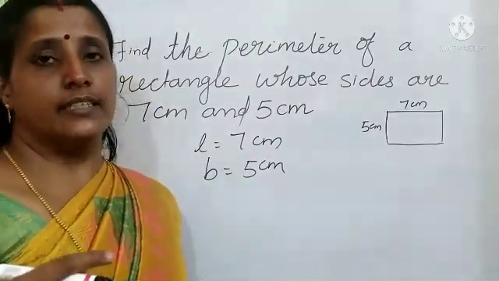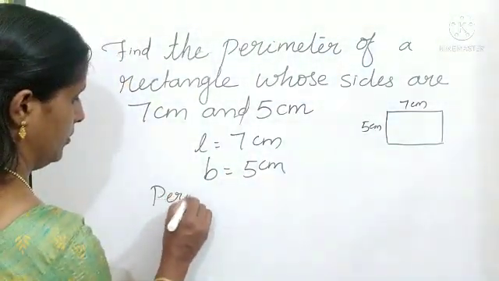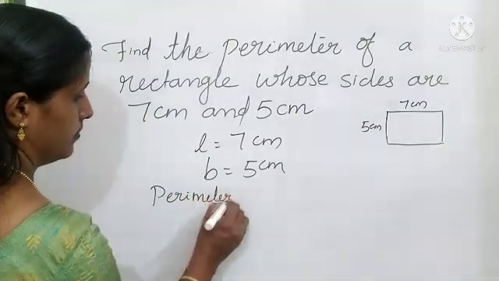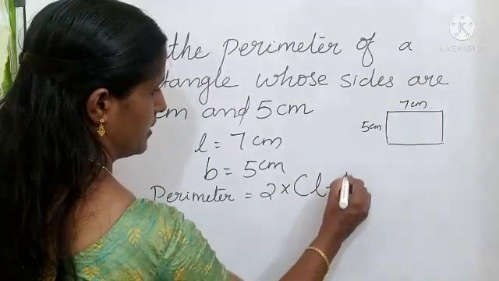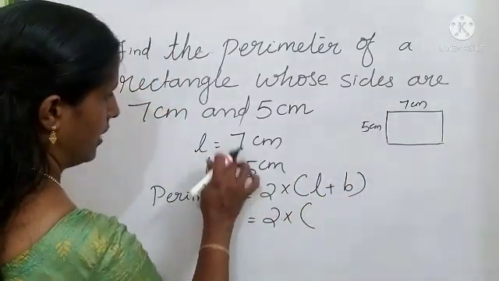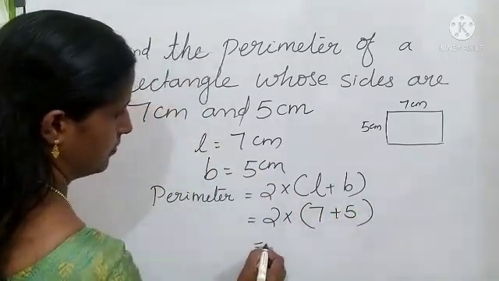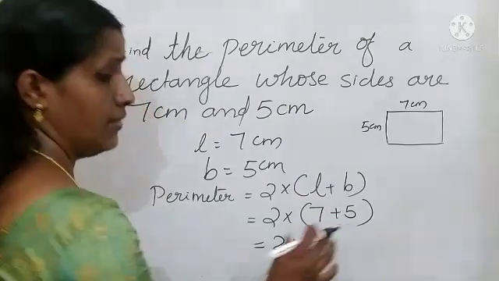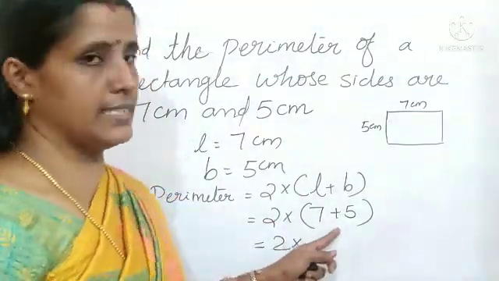Understand all of you? Then what is the formula? Yes, perimeter is equal to 2 into length plus breadth. So 2 into adding 7 plus 5. Again 2 into, first we prefer the bracket. So first we need to add these two numbers.